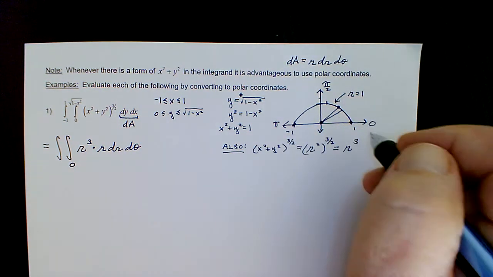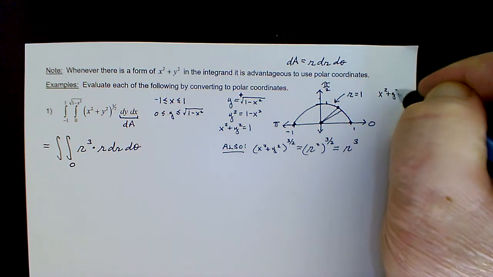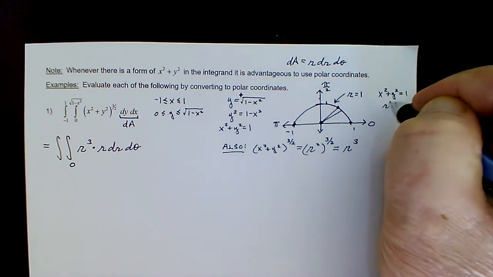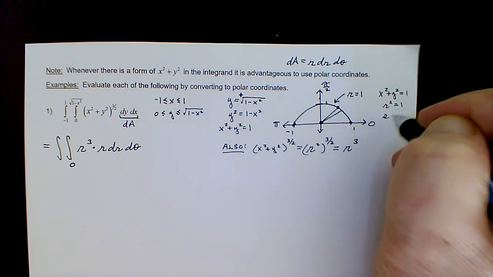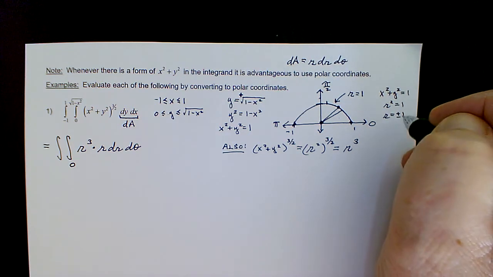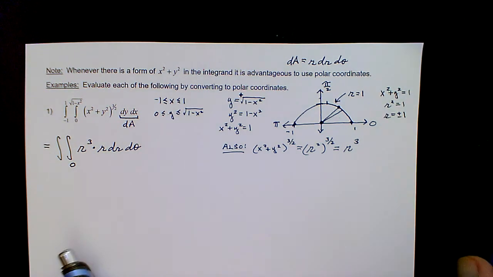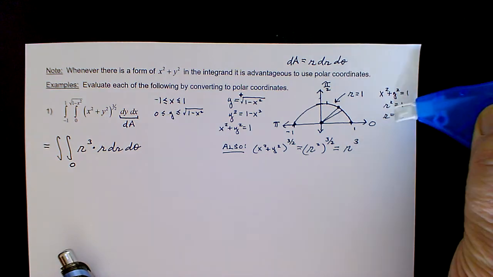Because if x squared plus y squared is 1, then r squared is 1, and r equals, you can say plus or minus 1. The top half is plus, and the bottom half, well, actually, it would just be equal to 1 because r is always positive.